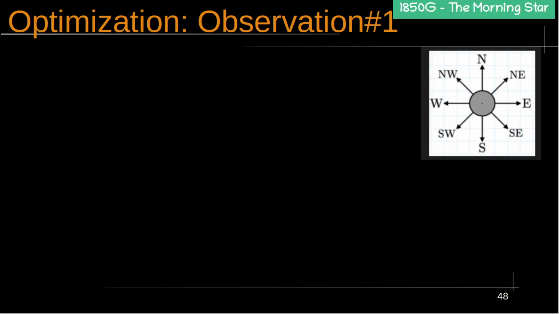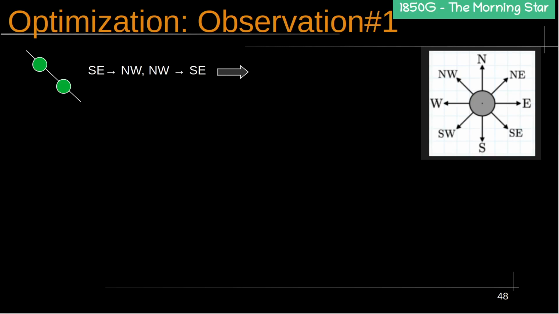The first observation. Let's say that we have 2 points in the same line: vertical, horizontal, or diagonal, the diagonal of slope 1, or the other line with slope minus 1. How many directions can we make here? We can make 2 directions.